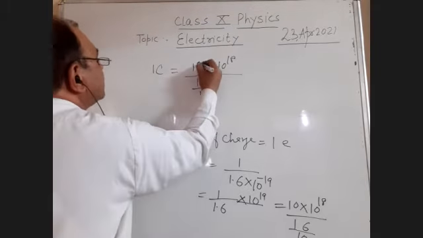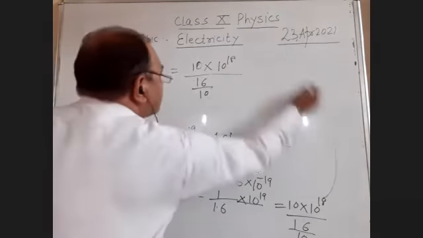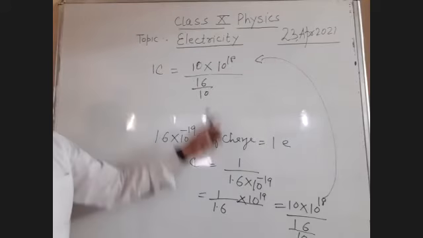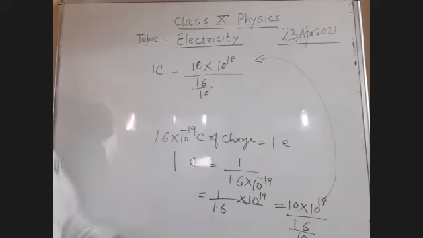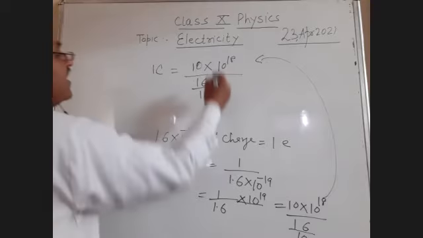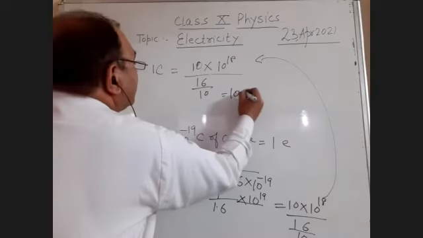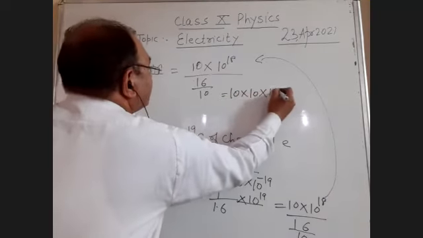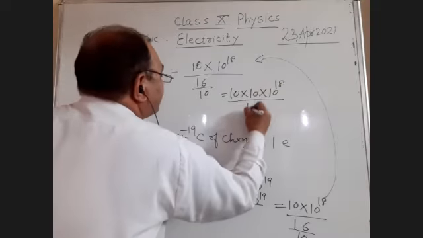Whatever we have here, the same thing I have written here. Now, 10 into 10 raised to the power 18, and this 10 will multiply with the 10 raised to the power 18 divided by 16.